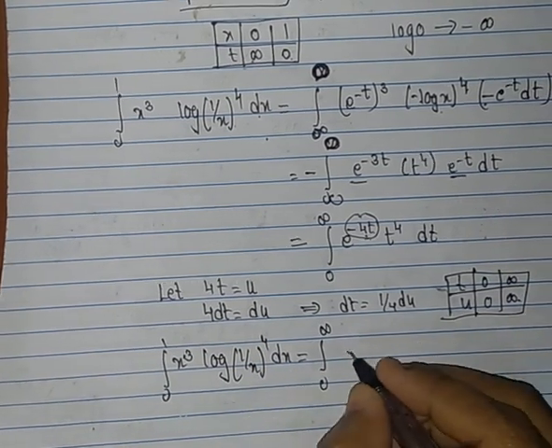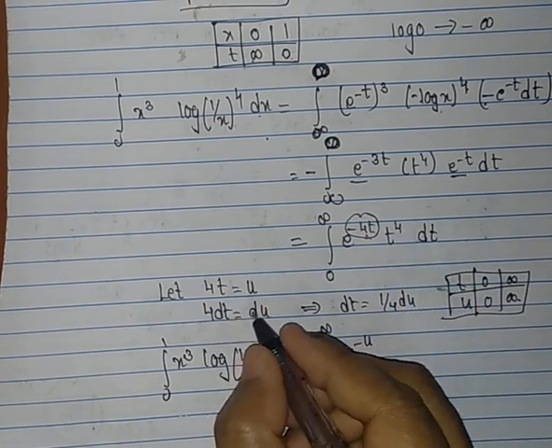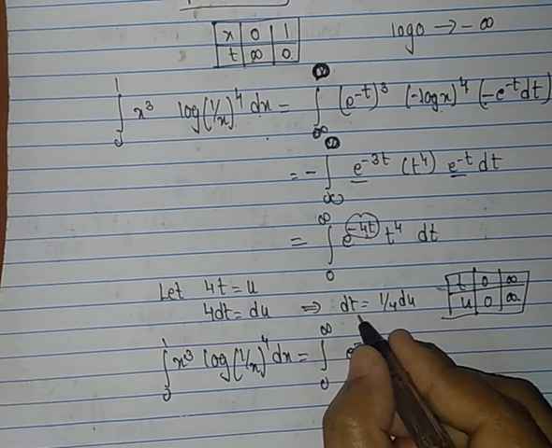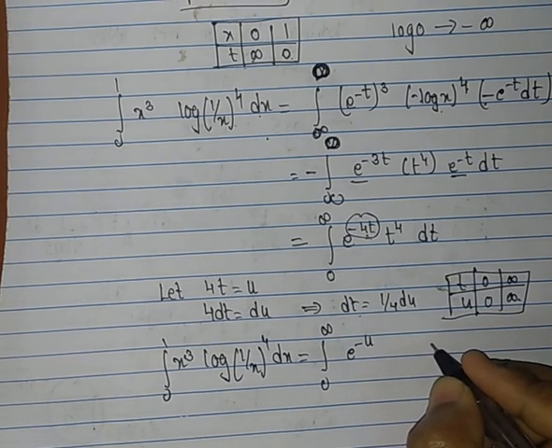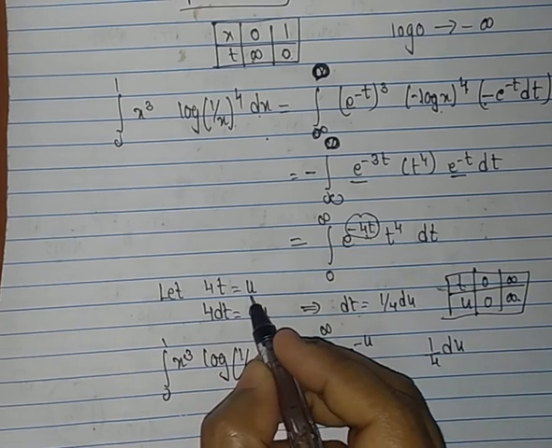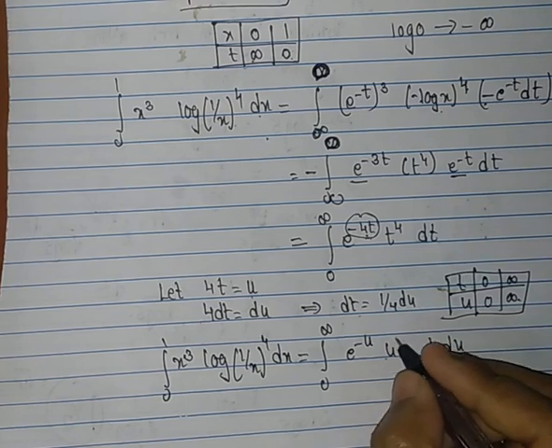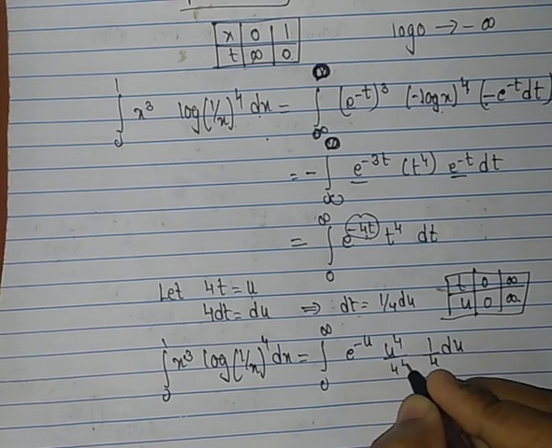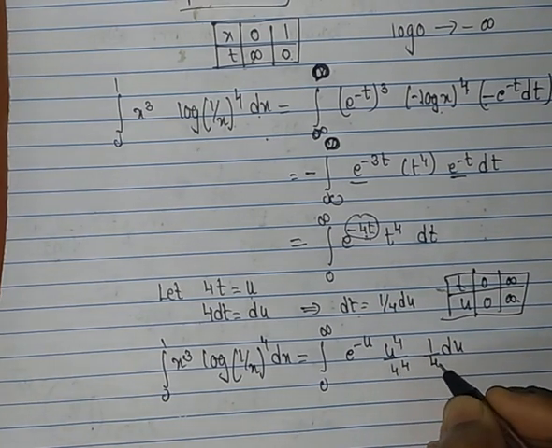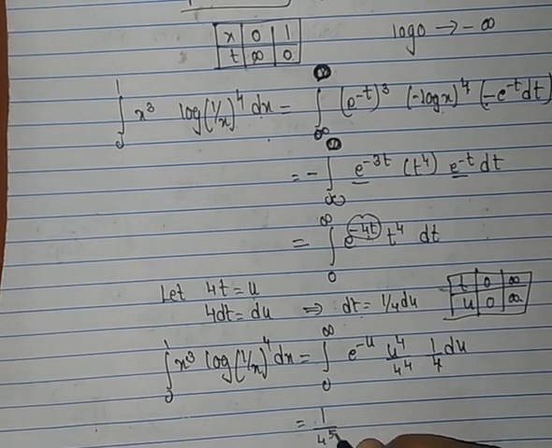The value of t is u by 4, the whole raised to 4, which is u raised to 4 upon 4 raised to 4, and dt is 1 by 4 into du. 4 raised to 4 into 4 gives me 1 upon 4 raised to 5.